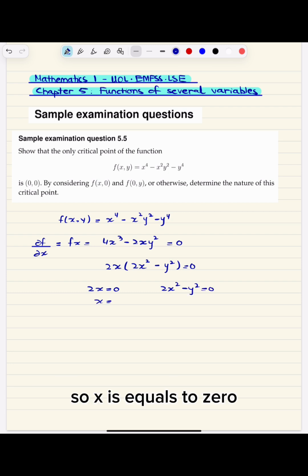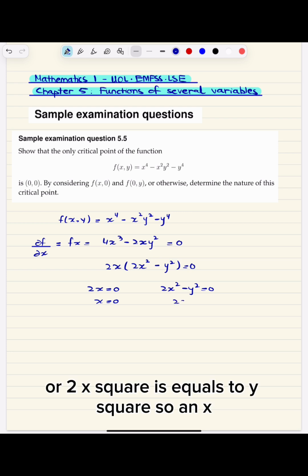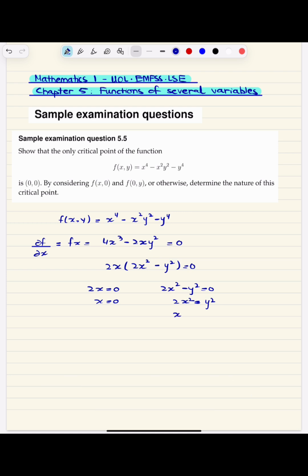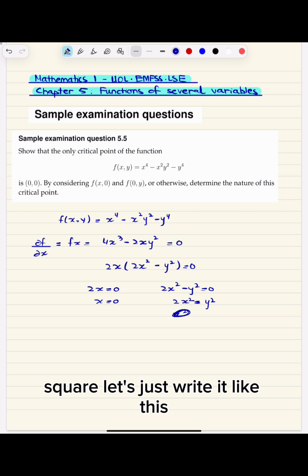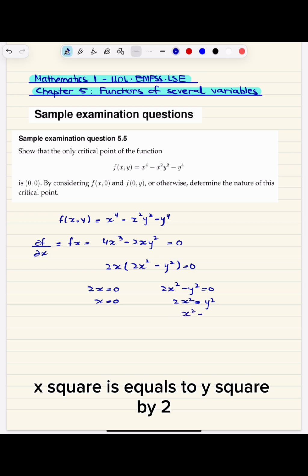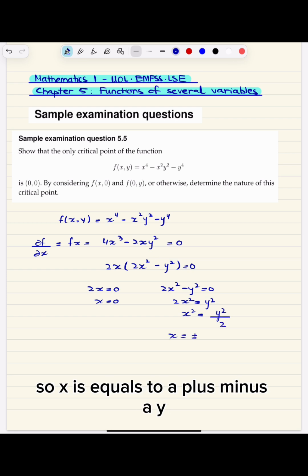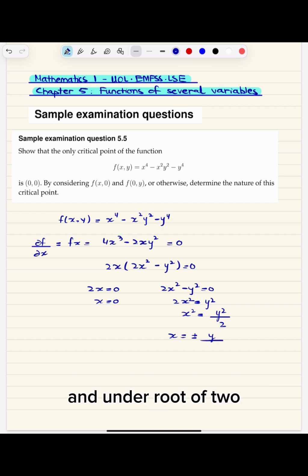So x is equal to 0, or 2x squared is equal to y squared. Let's just write it like this: x squared is equal to y squared by 2. So x is equal to plus or minus y over the square root of 2.